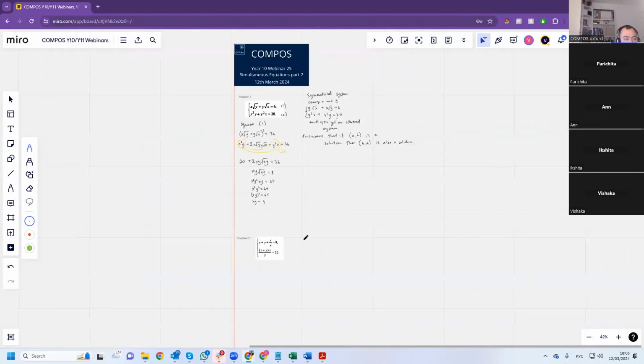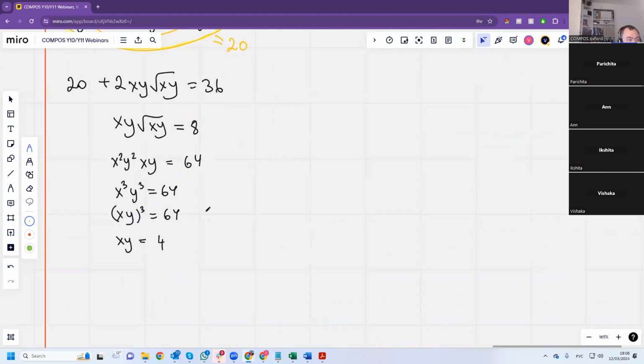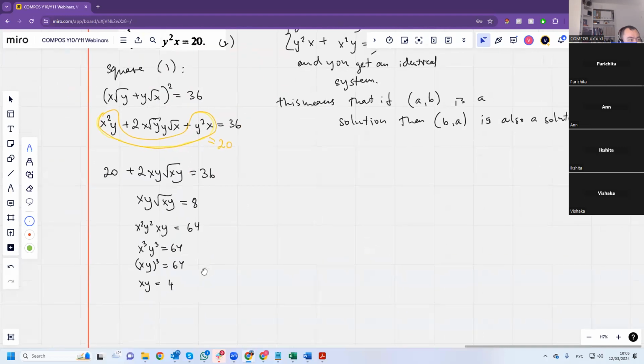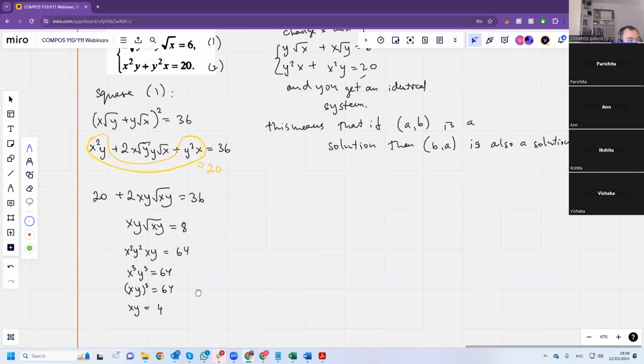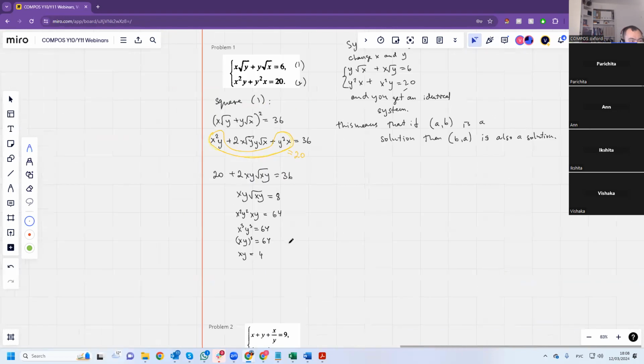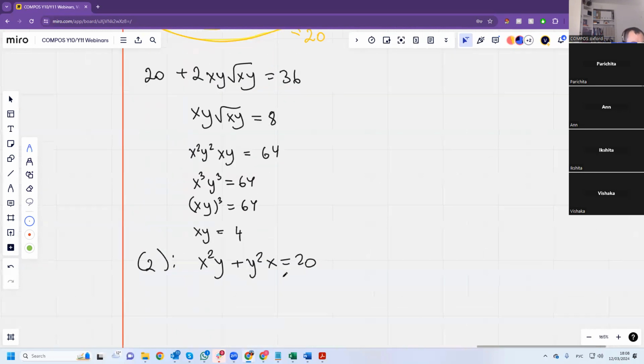It's here. Okay, so we have got xy equals 4. What else do we have? Well, let's take the second equation and try to do something with it. We can write that x squared y plus y squared x equals 20. We can factorize the left-hand side.